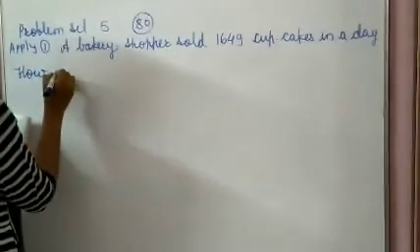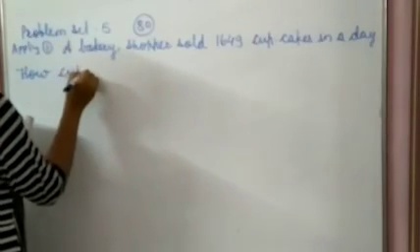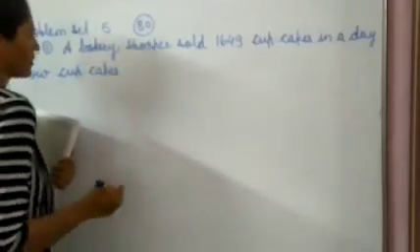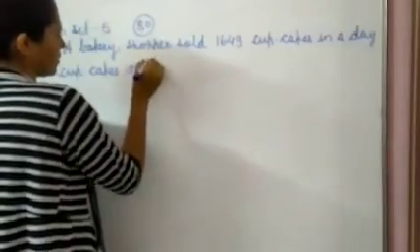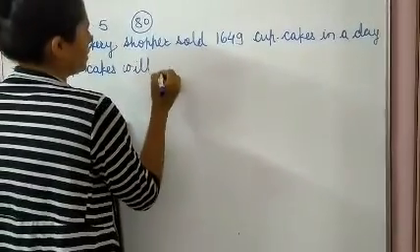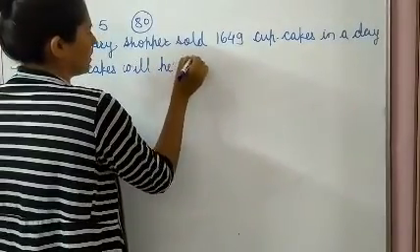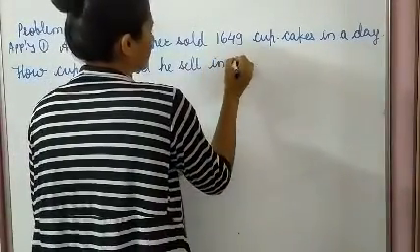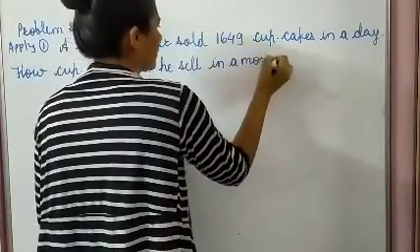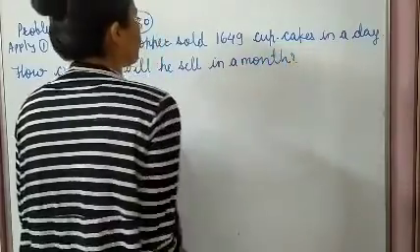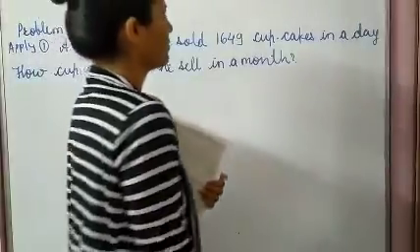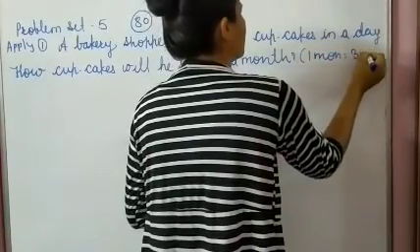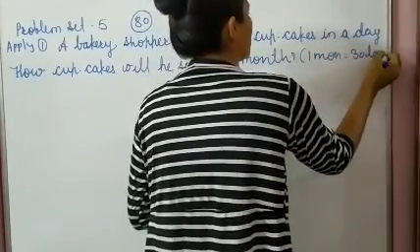How many cupcakes will he sell in a month? One hint is given. What is the hint given? 1 month is equal to 30 days.